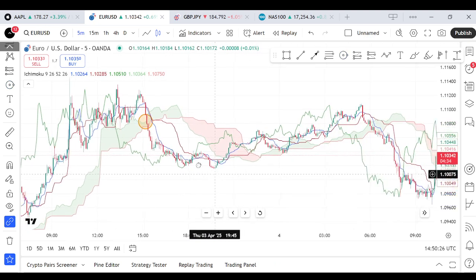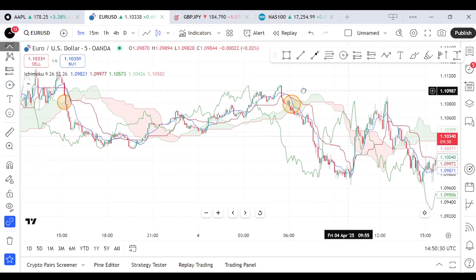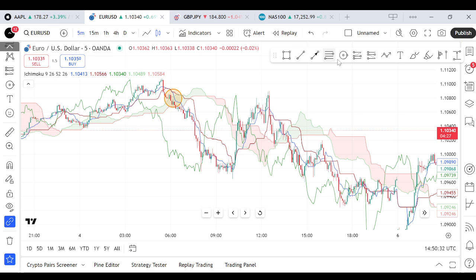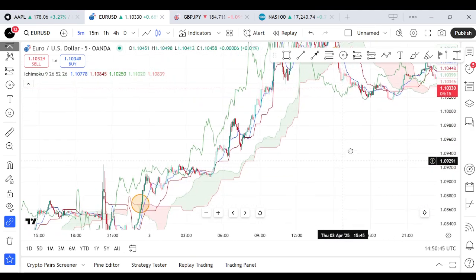You see that? And we have a breakout below the cloud here, a breakout above here, and we have a breakout below right here. So this signals potential trend change and trend direction.